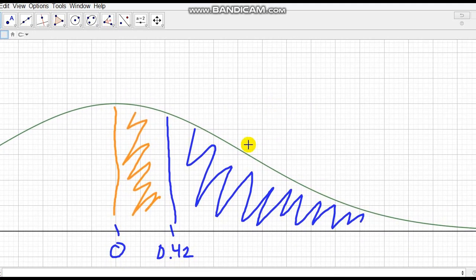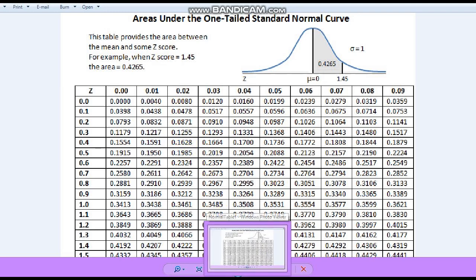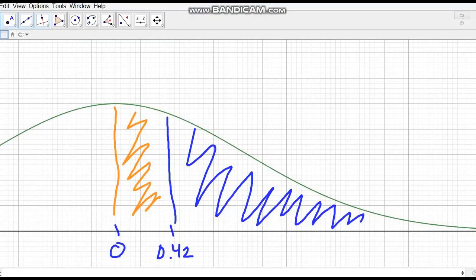So we look first for 0.42 in the table, and that is 0.1628. Remember that this particular half here is 0.5.